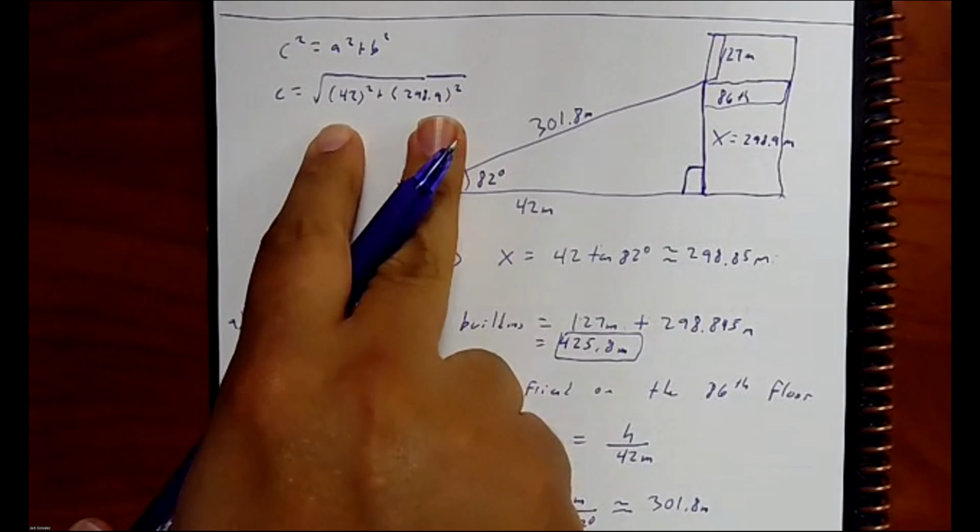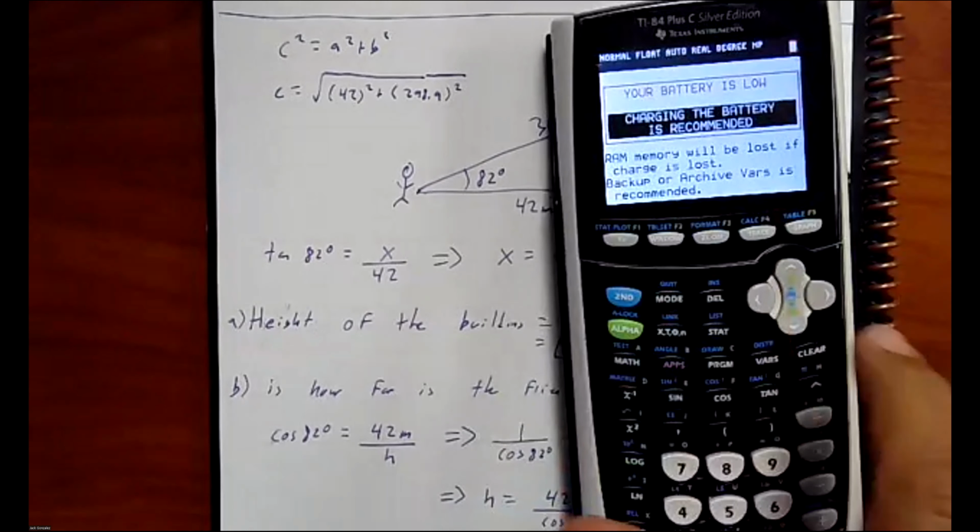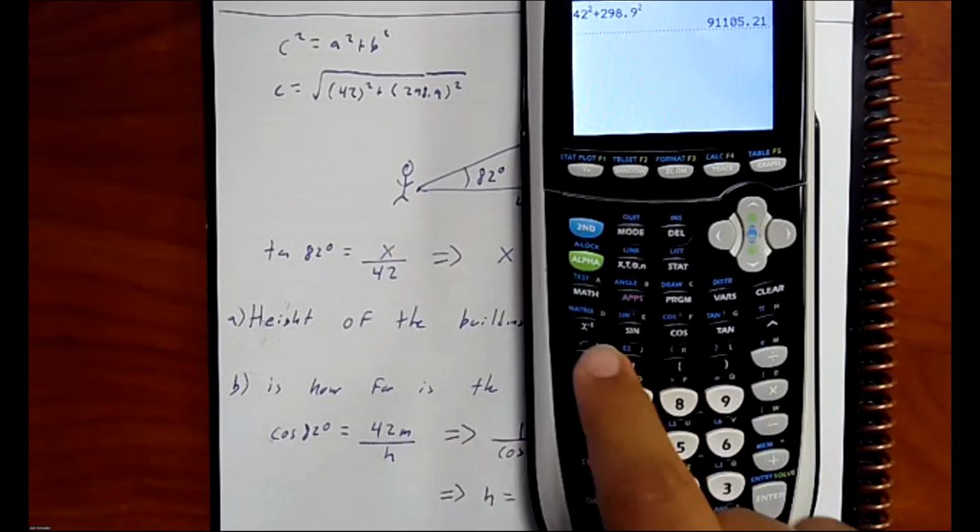Is this how you set it up? I kind of just put in my calculator 42 squared plus 298.8 squared, and after I got that answer, I just square rooted it. That should have worked. Let's see. 42 squared plus 298.9 squared, and then square root that.